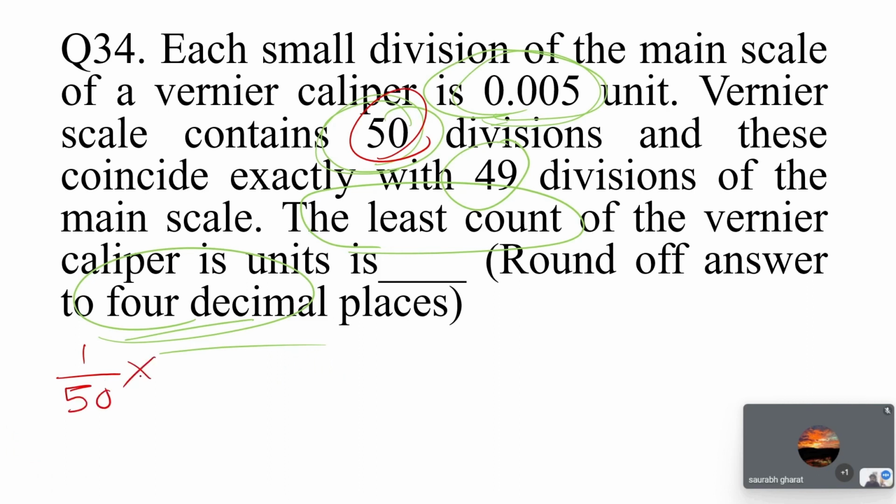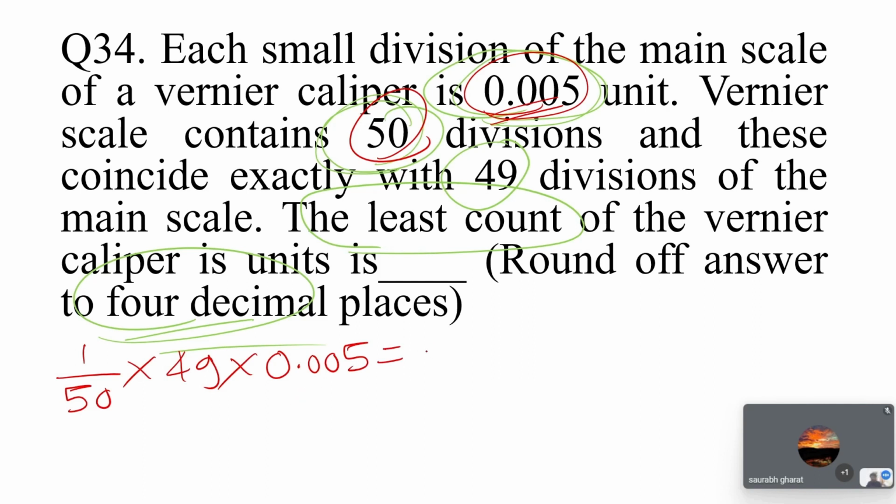So 1 into 50, and how many divisions coincide with the main scale? 49. And what does the Vernier caliper measure? Each small division can measure up to 0.005. So we can get a value that can be measured here.